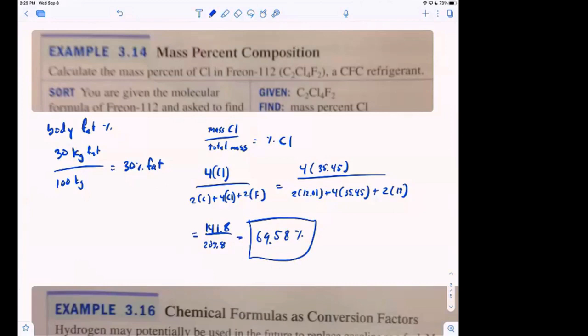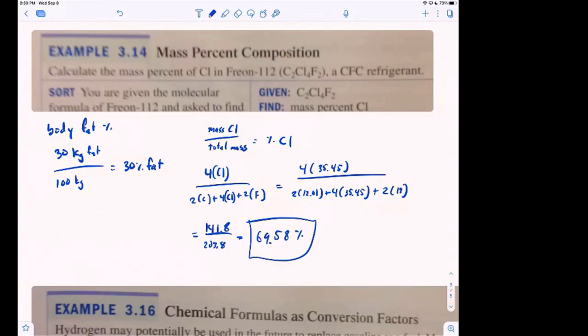Okay, so recap for this one. What's the percent chlorine in this refrigerant? I'm using the analogy of body fat. What's your body fat percentage? It's the amount of fat you have over your total mass, which gives you the percent of fat in your body. Likewise, the percent chlorine is how much chlorine you have over the total mass of the molecule.